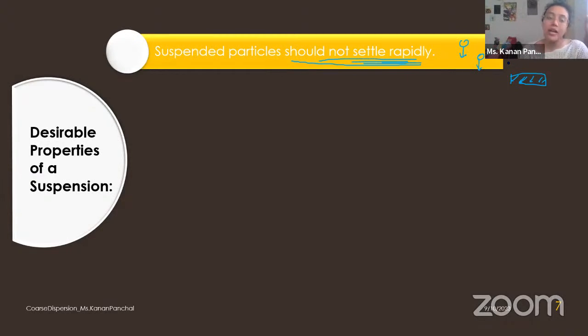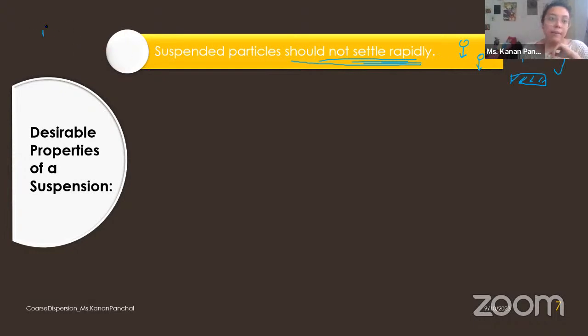You will lose that drug, and वो drug का जो therapeutic effect आना चाहिए वो नहीं आएगा, because less amount of drug will be reaching your system. So suspended particles should not settle rapidly. That is why to prevent this, you add suspending agents, correct? To keep them suspended for a longer period of time.